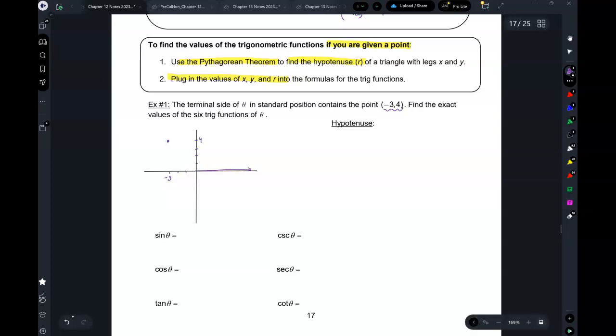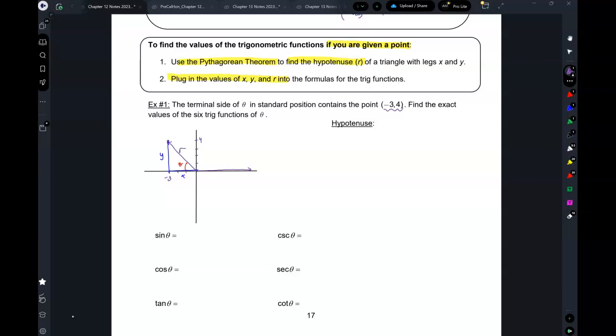Now, we need to find the sine, cosine, tangent of that angle. So why don't we put the angle here? Now take a look at what you have. I have an x coordinate and a y coordinate, correct? This is r. R is always the distance from the origin to the point.